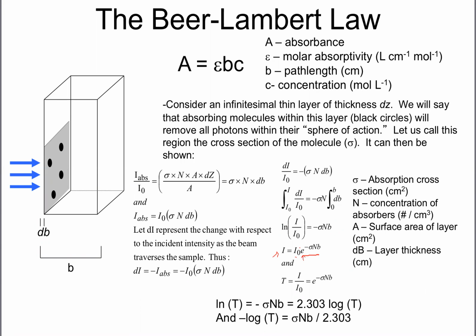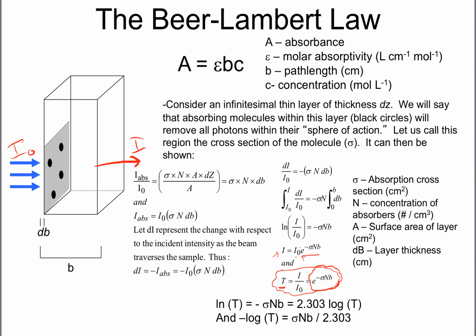Solving for I over I0: I0 was our incident intensity, and what comes out the other side is I, so that ratio is nothing but our transmittance. The transmittance equals e raised to the negative sigma n B.